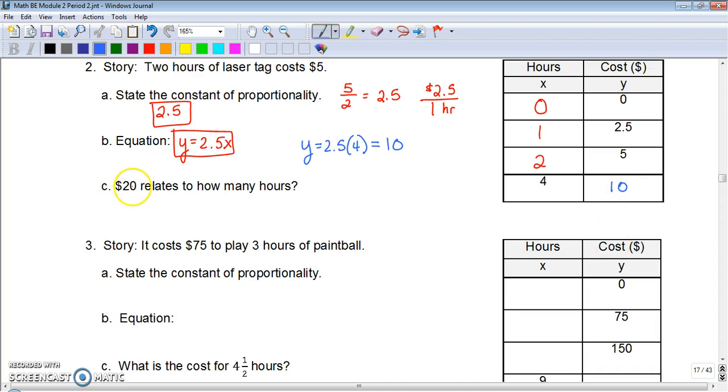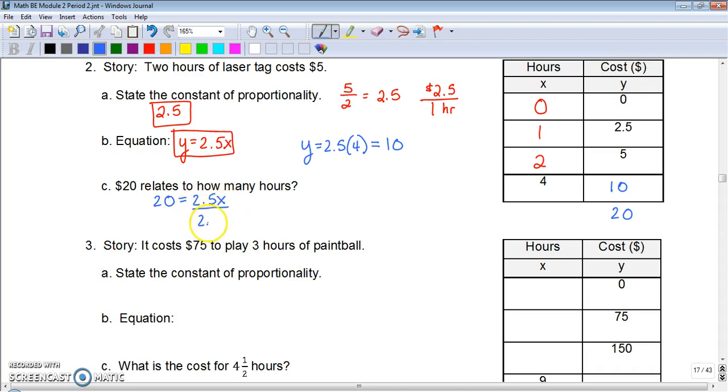For C, it says $20 relates to how many hours? So $20 here, I want to figure out what goes with that in the X or hours column. So I could try some things. I could also plug in 20, so money is Y, into my equation.